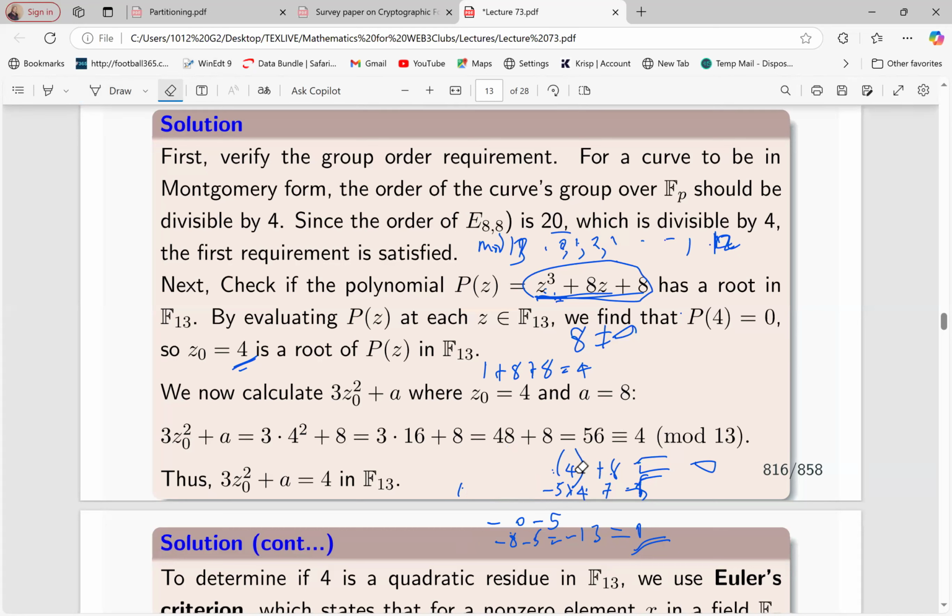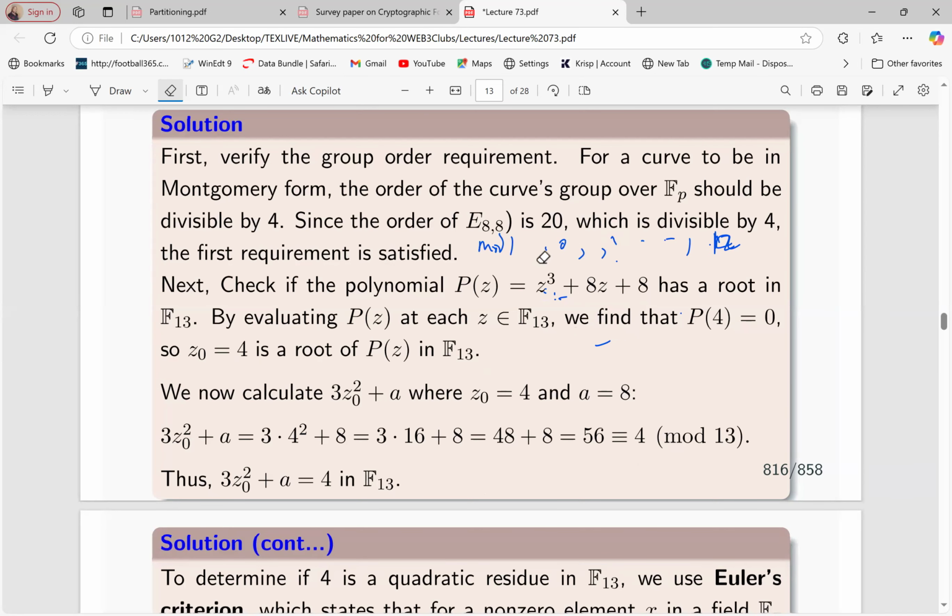So that means, therefore, 4 is a root to that polynomial. Not quadratic, because this is a cubic equation. Let me refer to it as a polynomial. So 4 is a root to this polynomial.